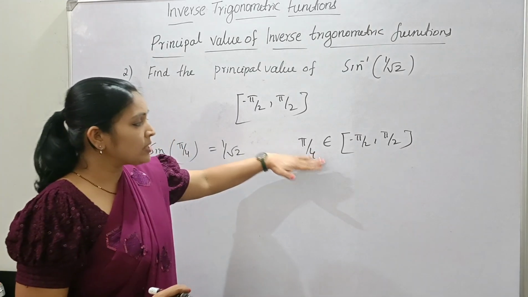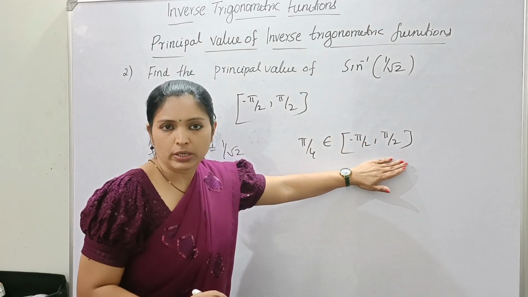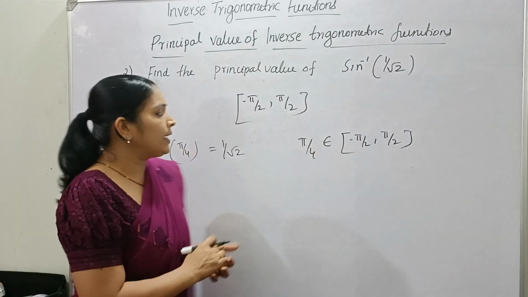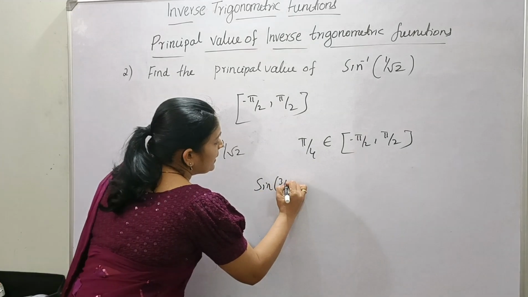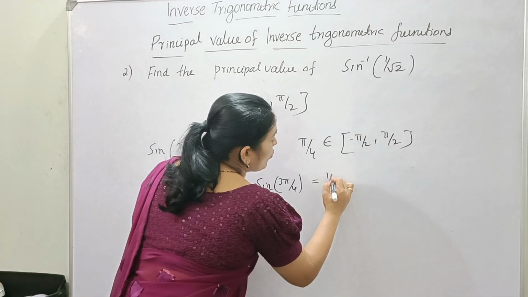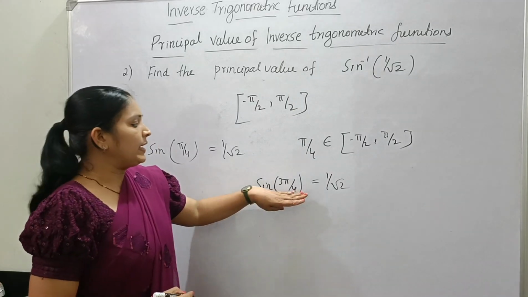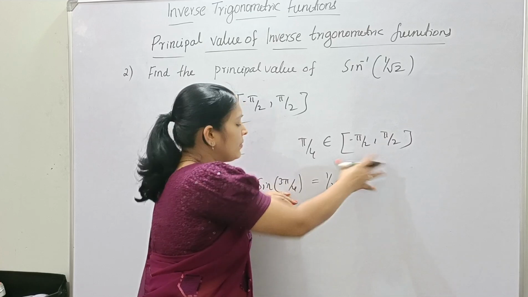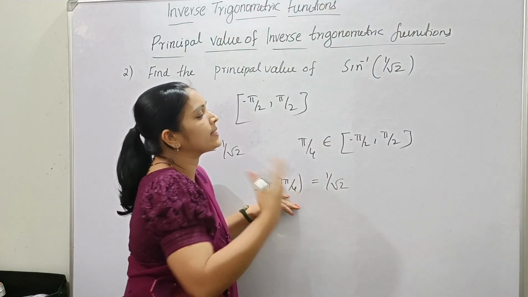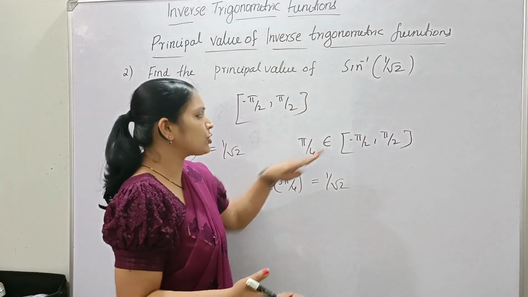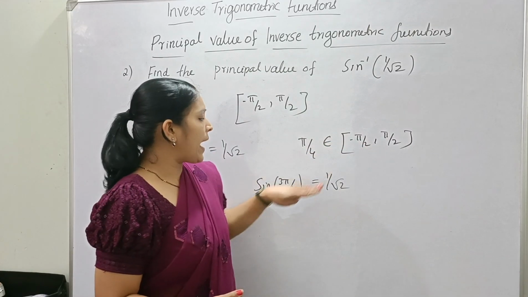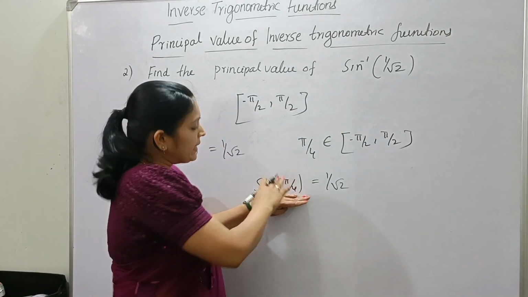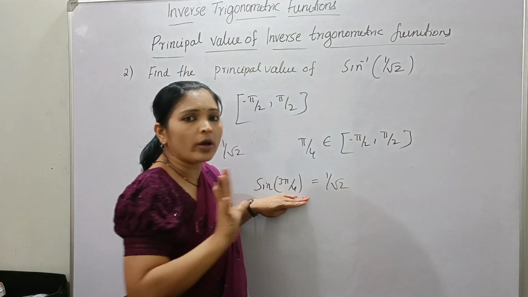That is because this pi by 4 belongs to the interval minus pi by 2 to pi by 2. Understood? Sine of 3 pi by 4 is also 1 by root 2, right? But this 3 pi by 4 does not belong to this interval. Why? Because 3/4 is greater than 1 by 2, so it does not belong to this interval. Therefore, it is not the principal value of sine inverse 1 by root 2, but it is only a value of sine inverse 1 by root 2.